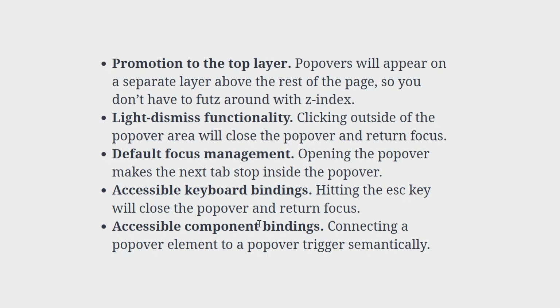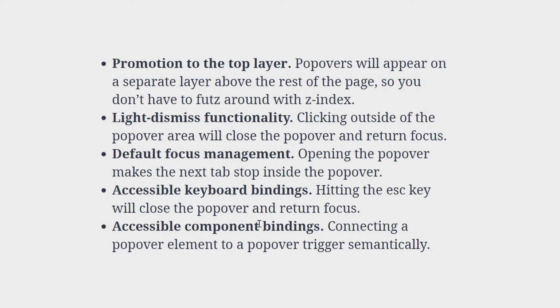You get a few extras. The pop-up automatically gets to the top position within the z-index. You don't have to manipulate that. You have a light dismiss functionality. That means you can click anywhere besides the popover, and it closes. It has default focus management. Once the popover is open and you tab, you get into the popover.